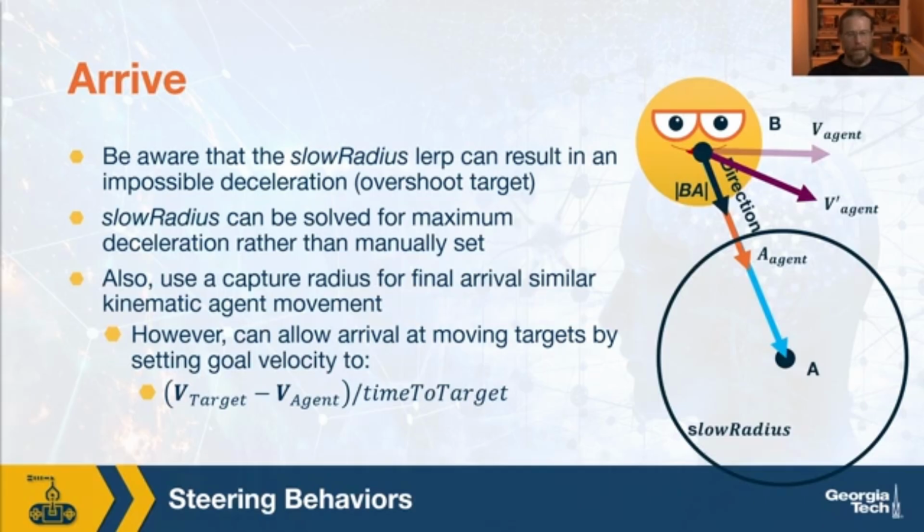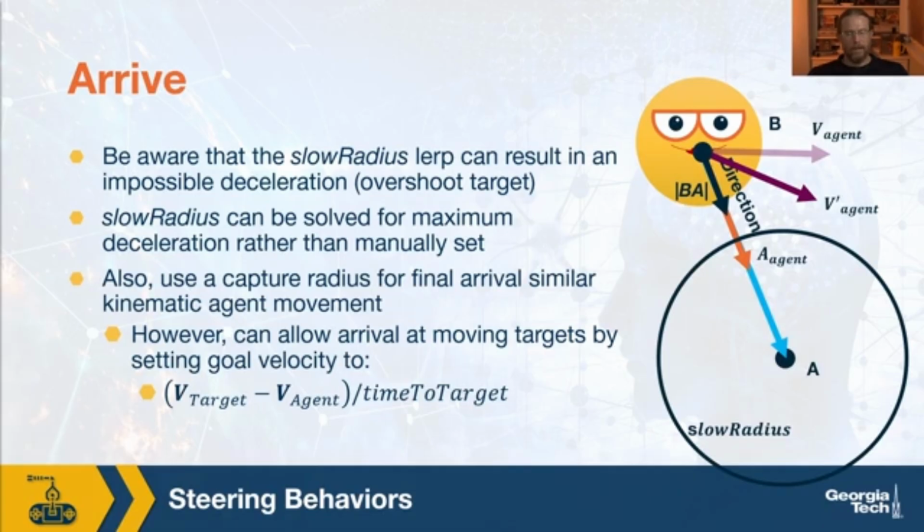Now, in addition to the slowdown radius, you might want to also implement a capture radius like what we discussed for kinematic agent movement. If you go back to that lecture, you can see the approach used there.